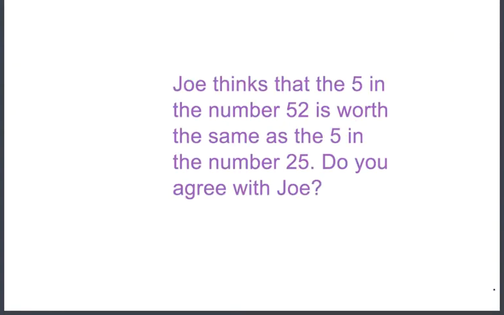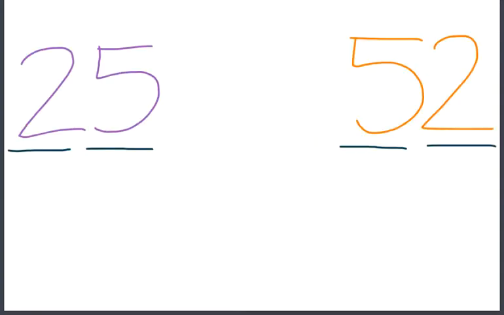We have the 5 in the 52 and the 5 in the 25. The 5 in the 25 right here is worth 5, or 5 ones, because this 5 right here is in the ones place.